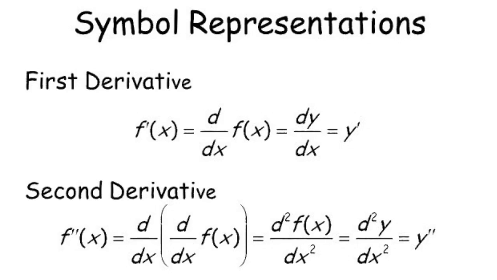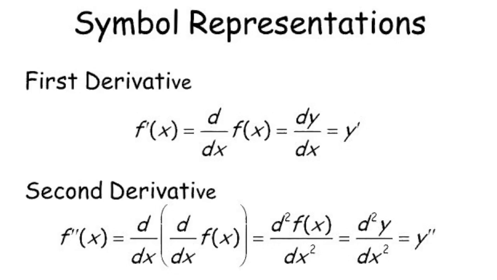So it is denoted by y double dash x, or derivative of f dash of x. In the numerator you can see d into d is coming, so we get d square, and in the denominator we have dx into dx.